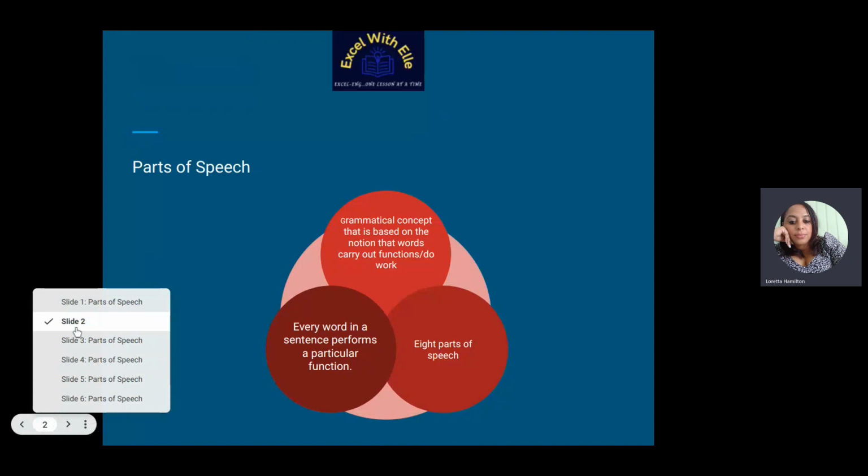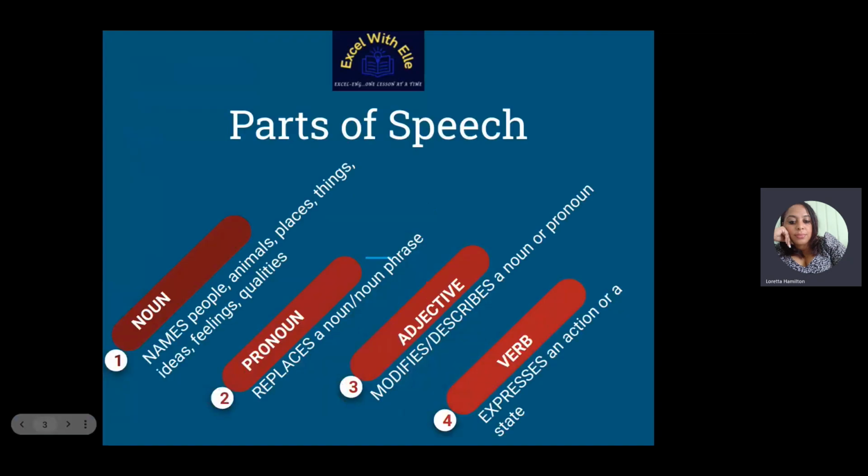Now, the first one that we're going to look at is the noun. Now, a noun is a word whose function or whose work is to name. So if you look at my screen, you would see that I have highlighted, in capital letters, the word names. So that word tells you what is the function or the work of a noun.